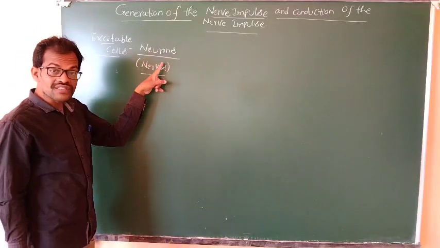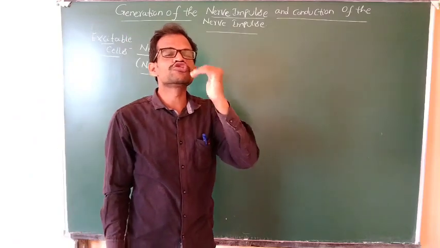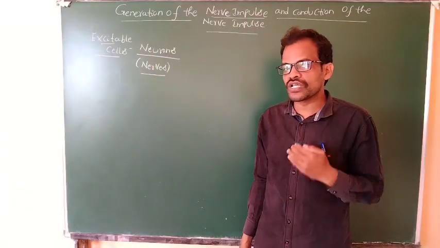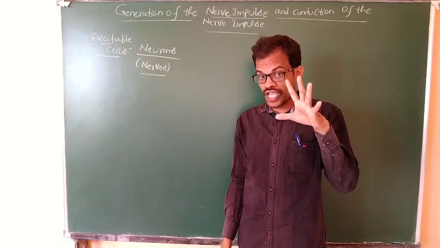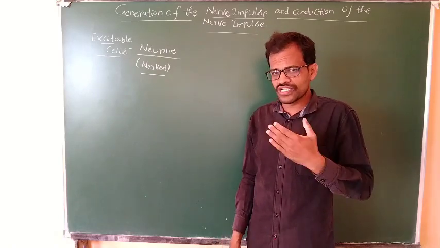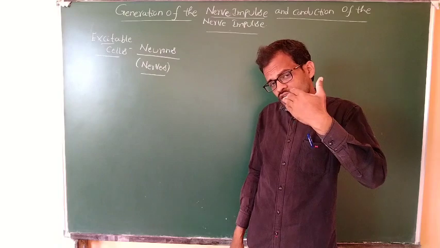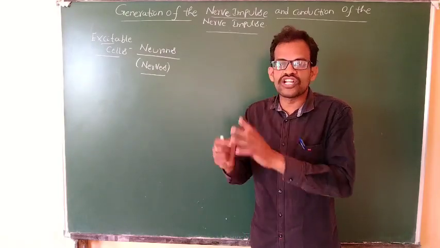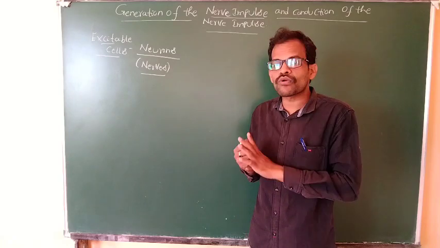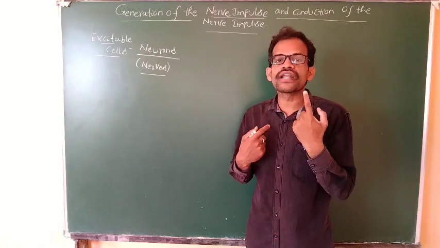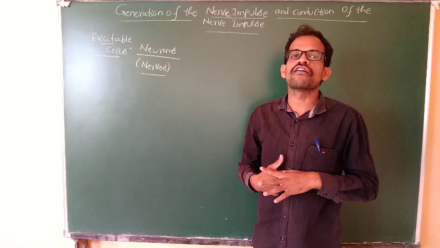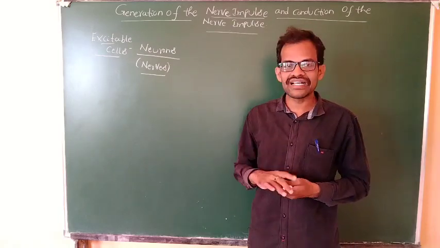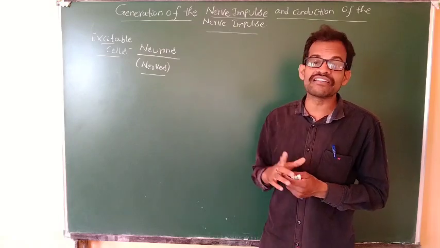Whenever the neurons receive any stimulus, for example any temperature or a hot object, our body responds to the particular surroundings. Once we touch a hot object, or when it is very cold outside, our body responds. The main reason is that our body consists of millions of neurons. These neurons are the excitable cells.